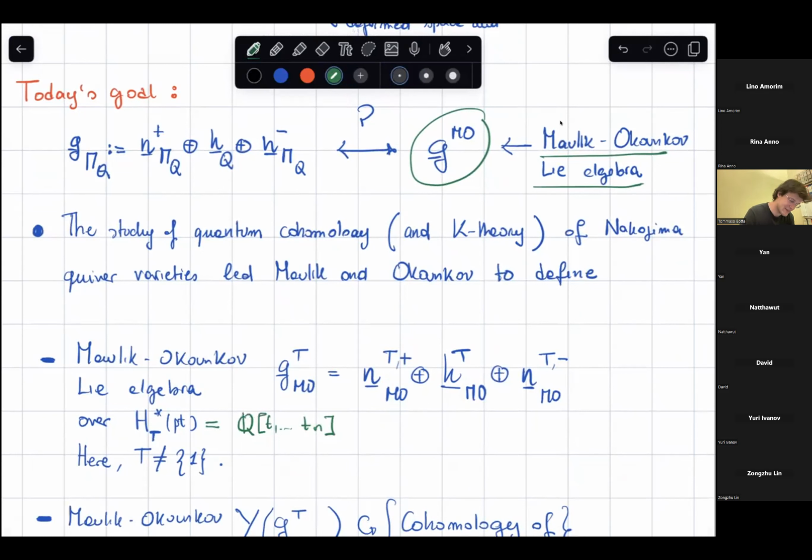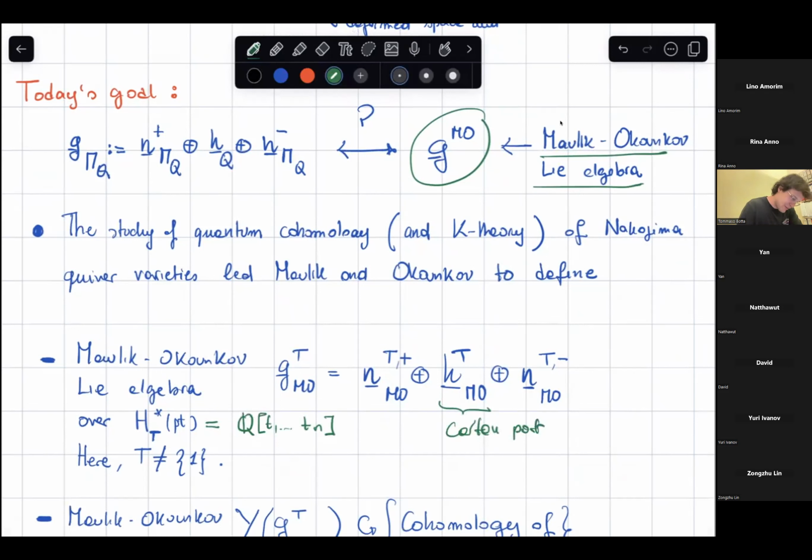And the second one is the fact that this is some kind of technicality, but still is important. So the Cartan part of the Maulik-Okounkov Lie algebra is twice as big as one might expect.